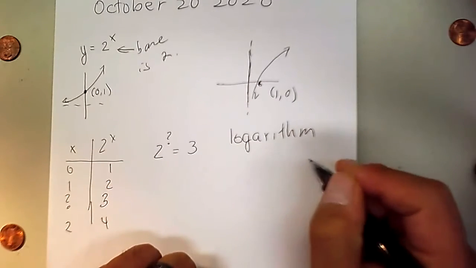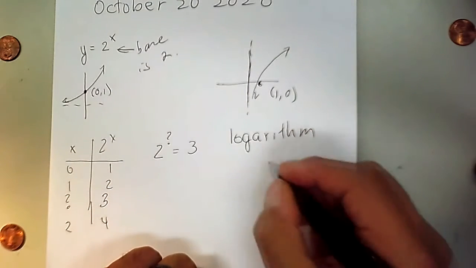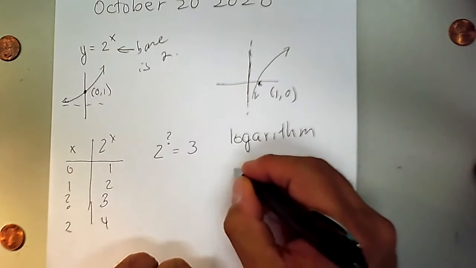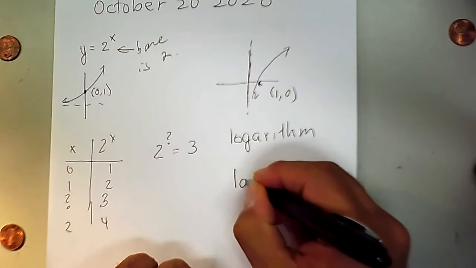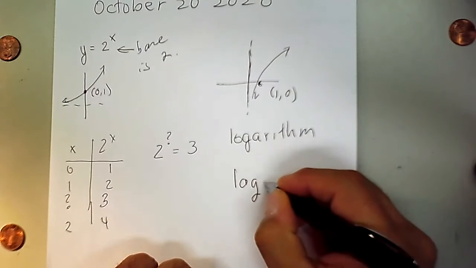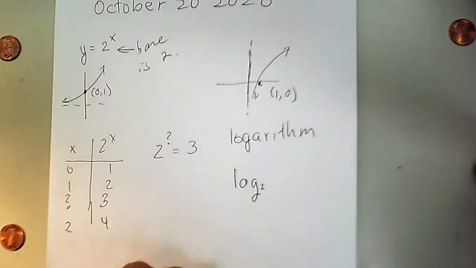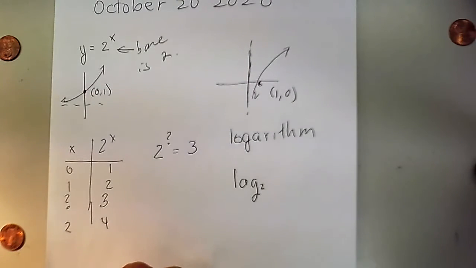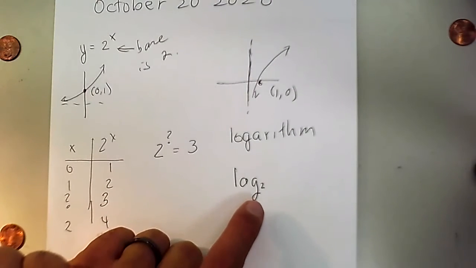So the name is a little awkward. The name of the function will be log, whoops, that's an O, G, with a little 2 on the lower right corner. That's called a subindex. So that is the call name of the function.